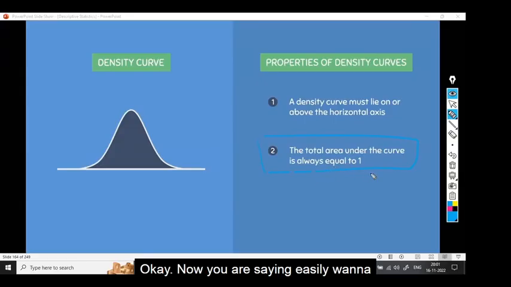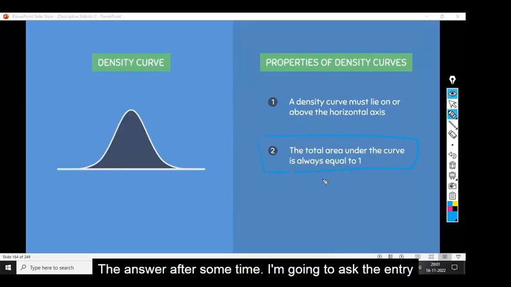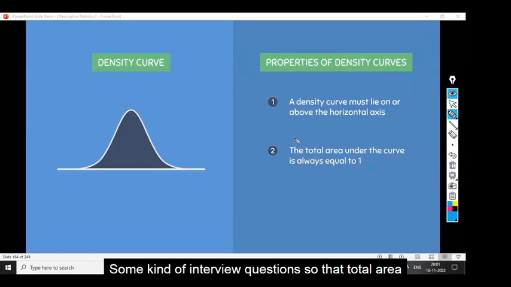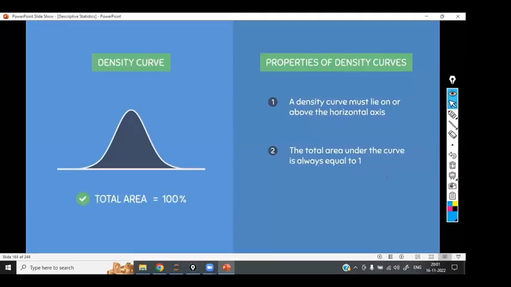Now you are saying easily 1. After some time I am going to ask the interview question. At the time, remember this one. There is a link. So I'm going to ask some kind of interview questions. So the total area under the curve is equal to 1. Always the total area under the curve is equal to 1.